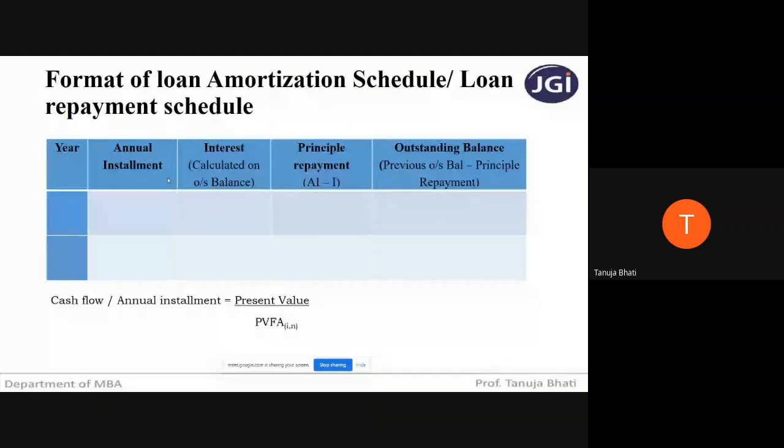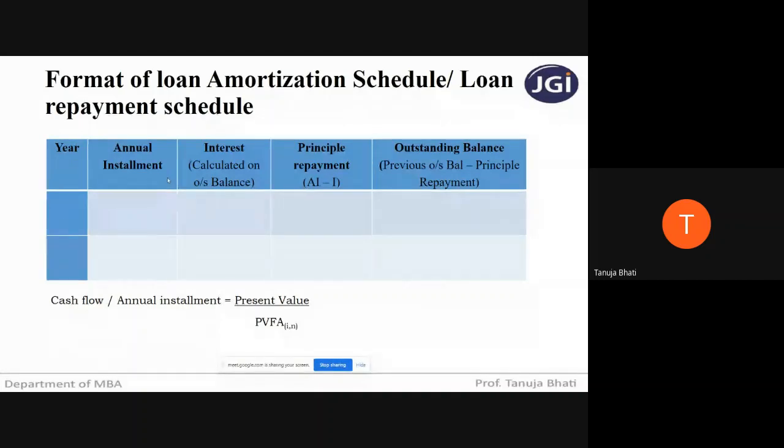So always remember, whenever you're making a payment to the bank, an installment, what does the bank do? First, from that annual installment, it removes the interest portion, and after removing the interest portion, whatever is remaining, it allocates to the principal repayment.